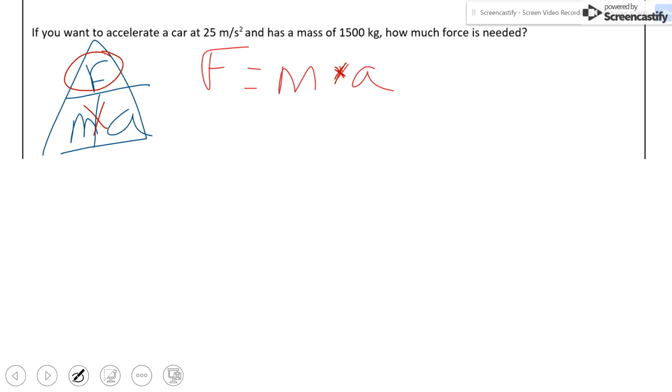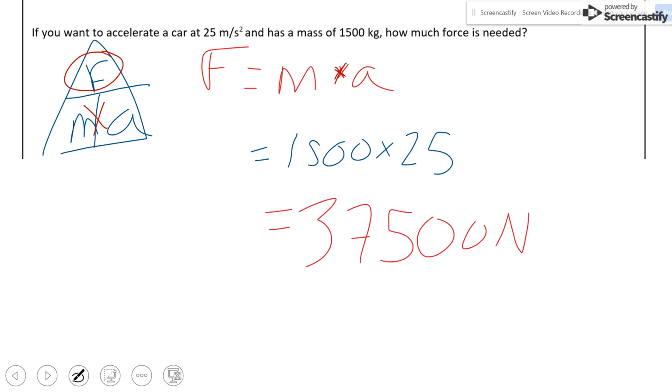Remember, mass is always measured in kilograms and acceleration is always measured in meters per second squared. So we should be taking 1,500 times 25. When you punch this into your calculator, you should get 37,500 newtons. That's how much force it would take to accelerate that car at 25 meters per second squared.